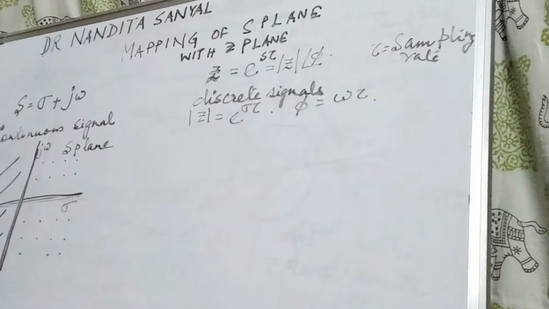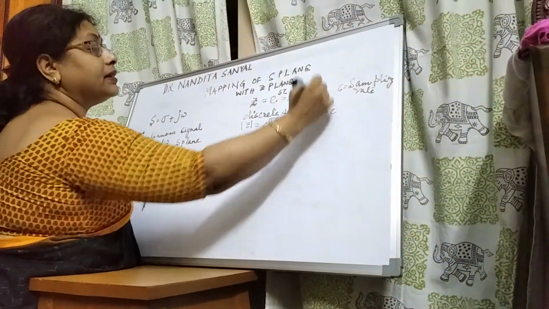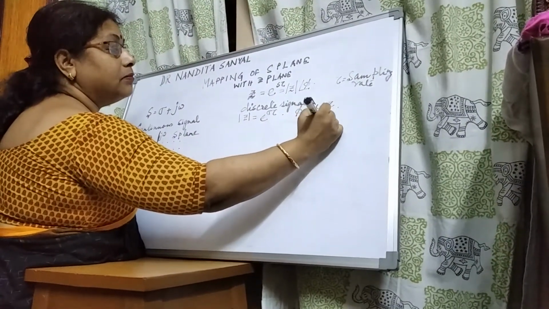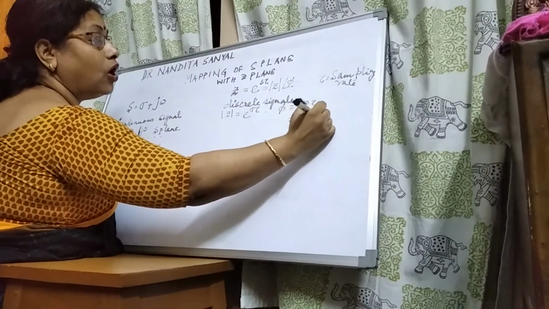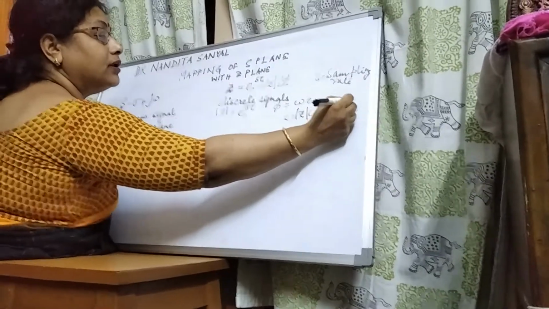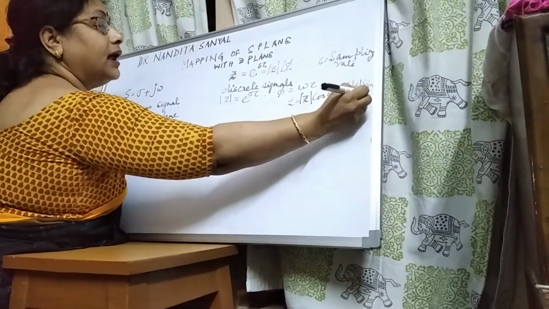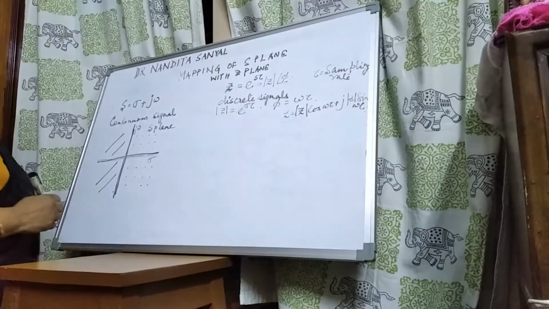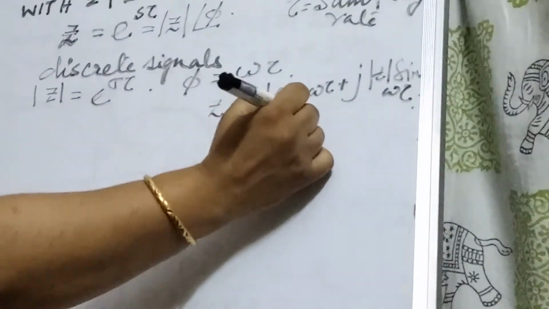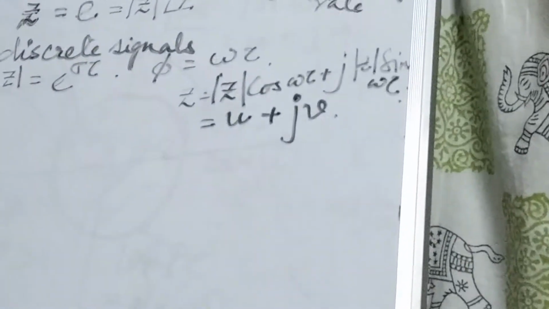So Z can be represented as mod Z cos omega tau plus j mod Z sin omega tau, or we can write it in Cartesian form as u plus jv.